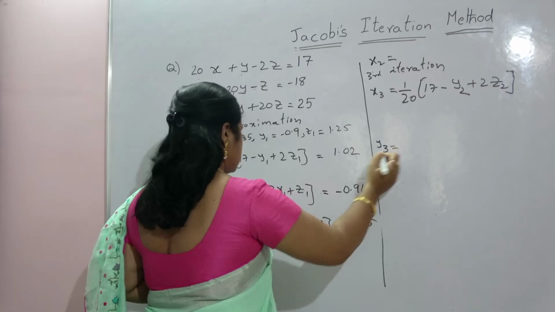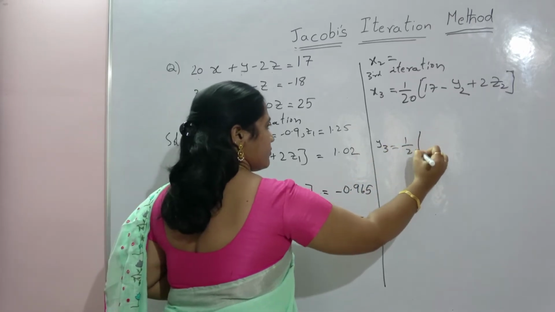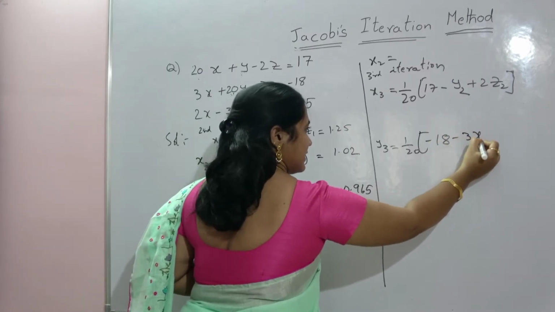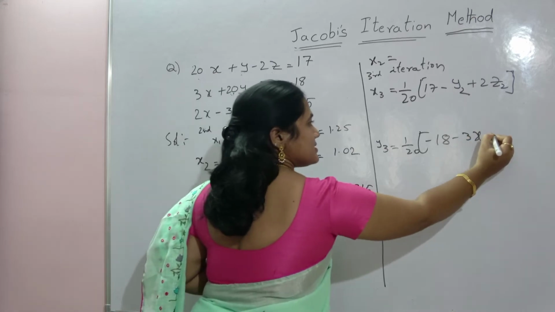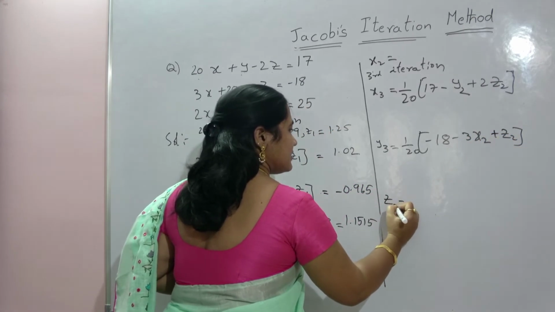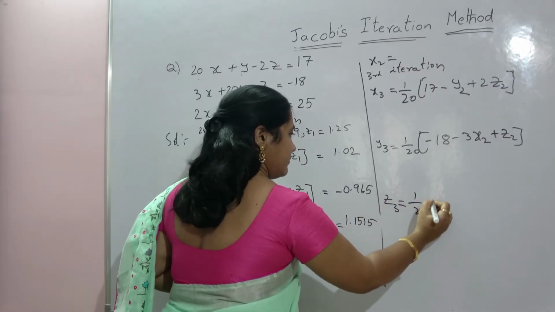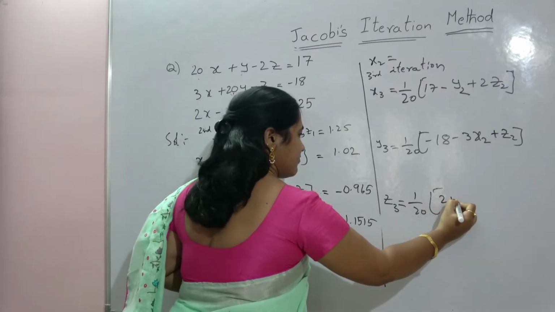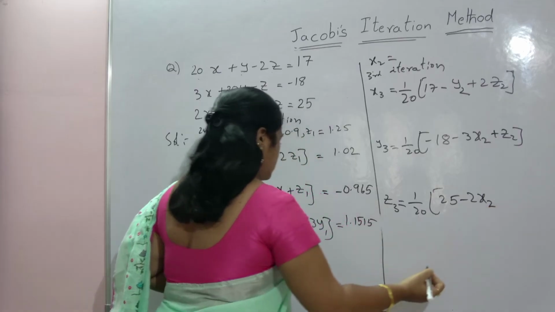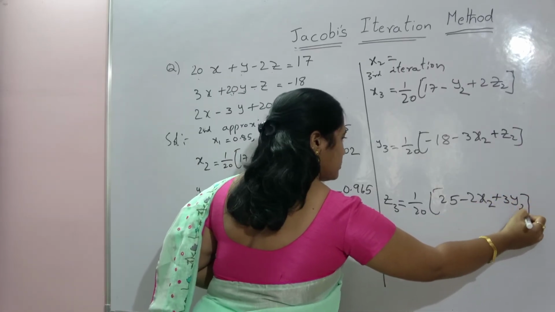and y3 is 1 by 20 minus 18 minus 3x2 plus z2, and z3 is 1 by 20, 25 minus 2x2 plus 3y2.